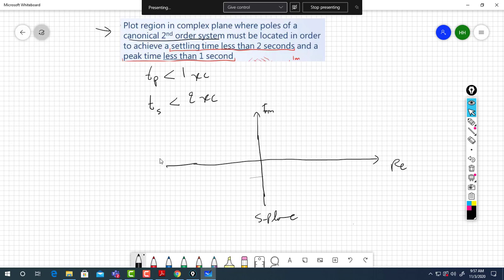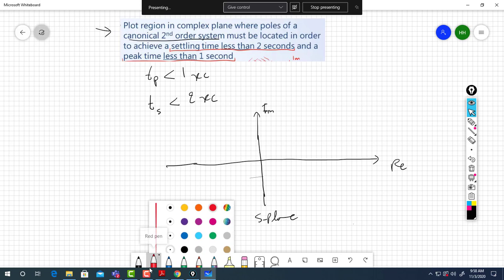Everything we are doing is for the canonical system. If it's a higher order system or has zeros, then you need to approximate if you want to do the analytical study we did before.